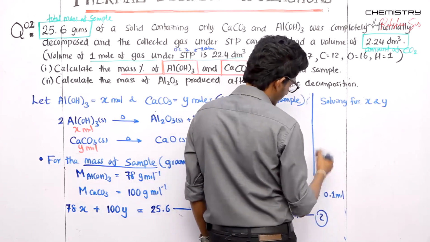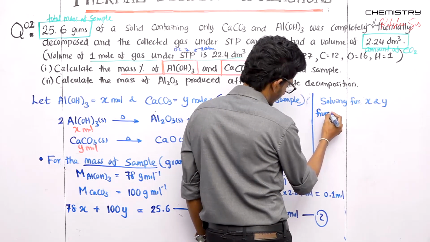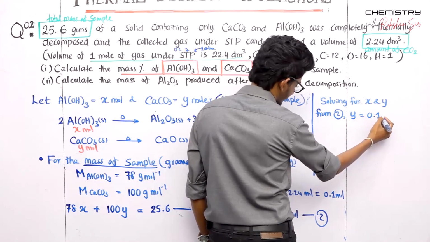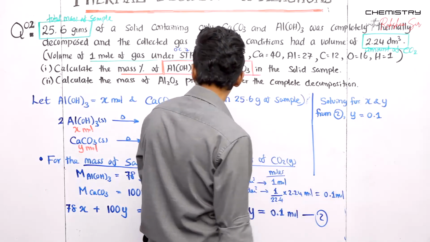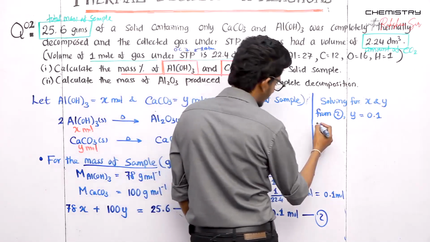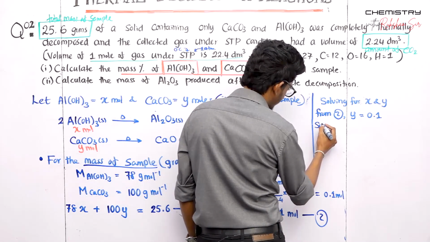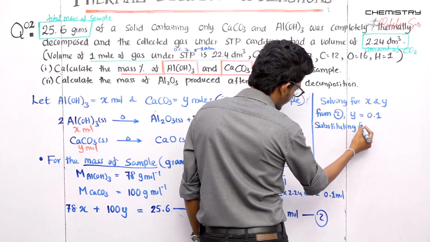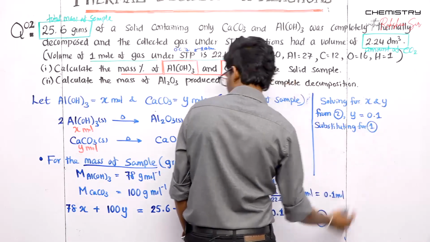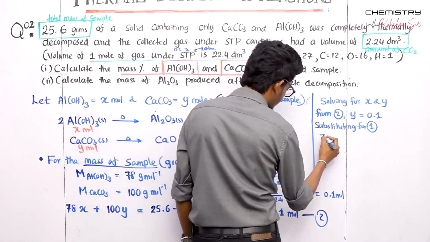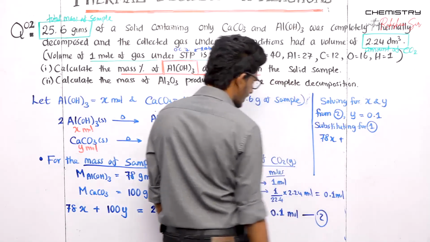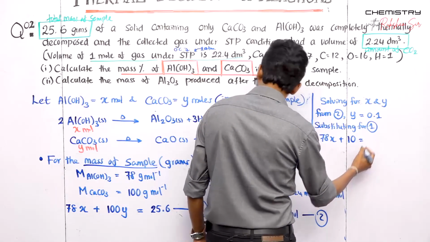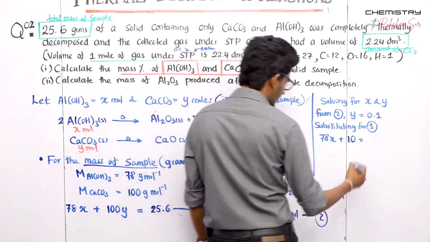So y is solved from equation 2. So just substitute that value into equation 1. One will give you 78x plus 0.1 into 100, which gives 10, is equal to 25.6.